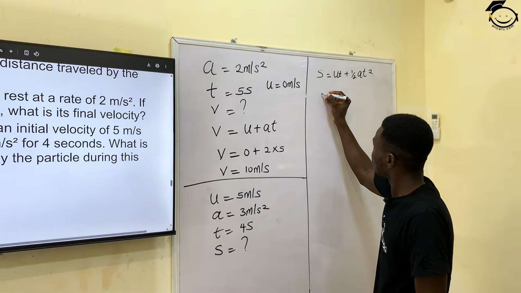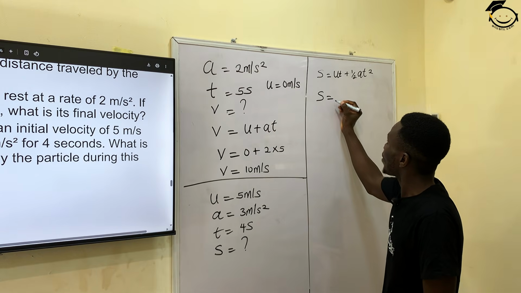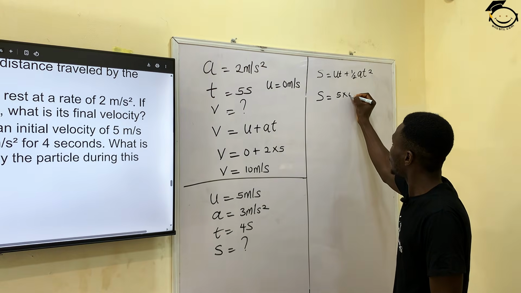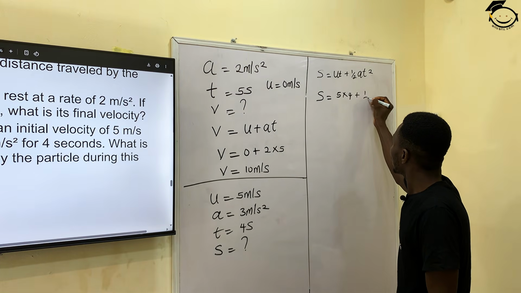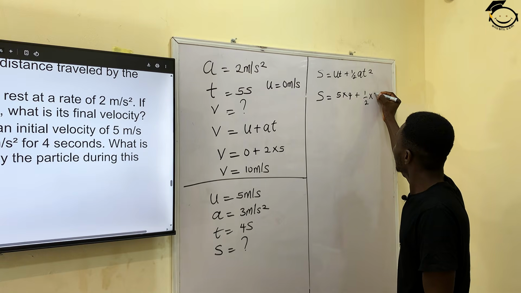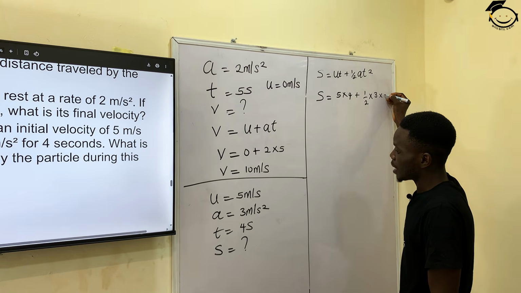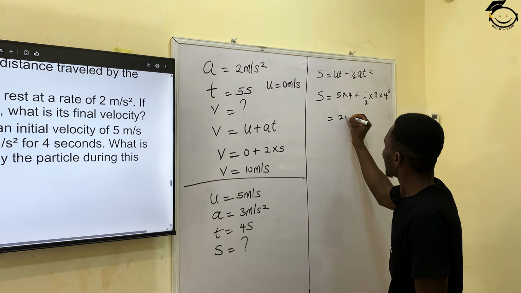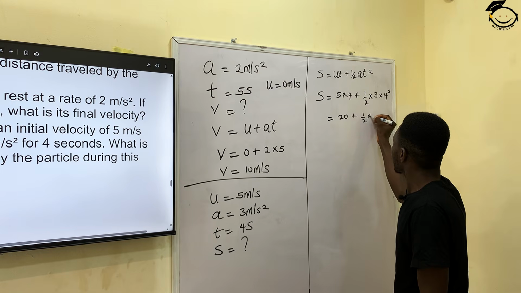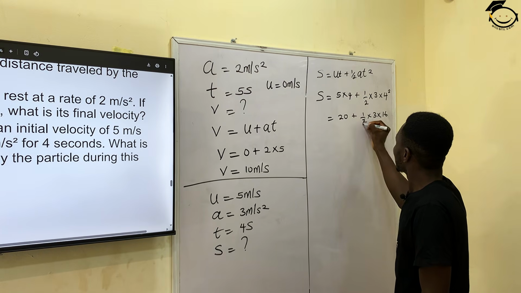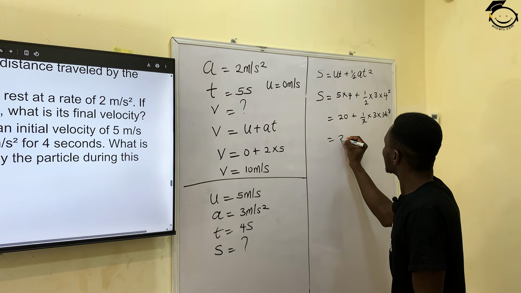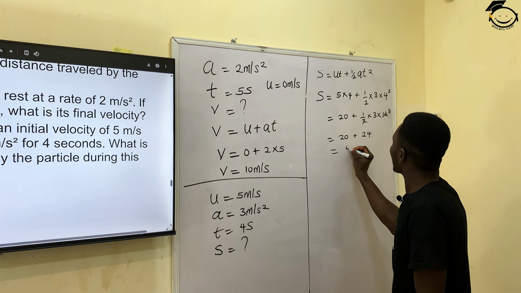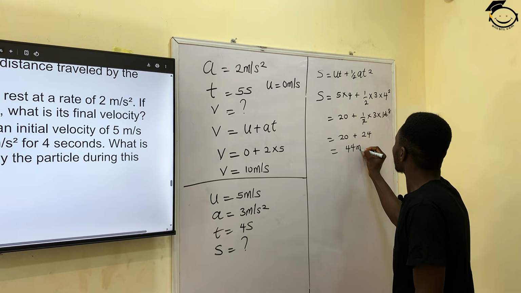If I input my values, my distance traveled is 5 times 4 plus 1 over 2 times my acceleration, which is 3, times my time, which is 4, squared. This gives 20 plus 1 over 2 times 3 times 16, which is 20 plus 24, and that gives me 44 meters.